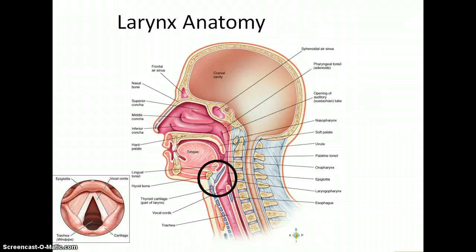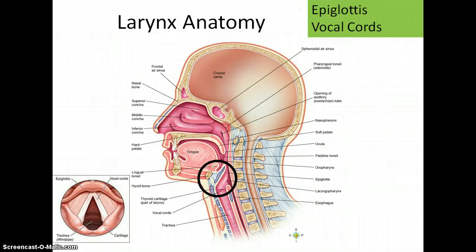Moving a little bit lower, as you can see in the black circle, is the larynx. The larynx has 2 members that are important. First is the epiglottis. Remember, the epiglottis is that one little structure here that closes when we swallow any food or beverages, so we don't get those going into our lungs. And there are also vocal cords in the larynx.